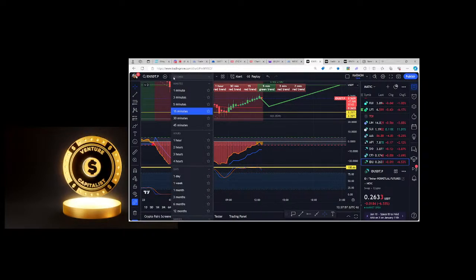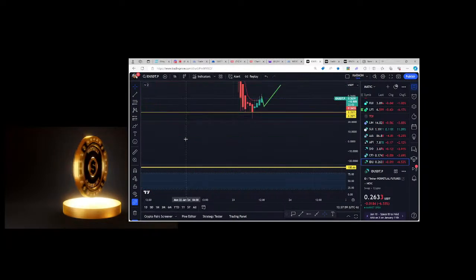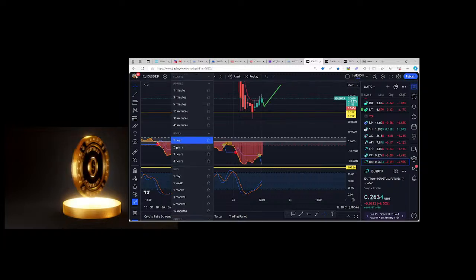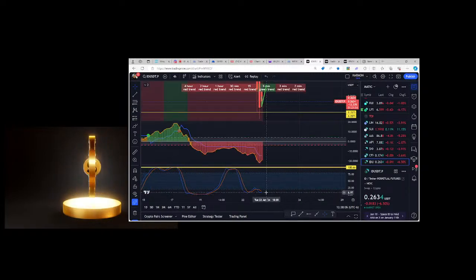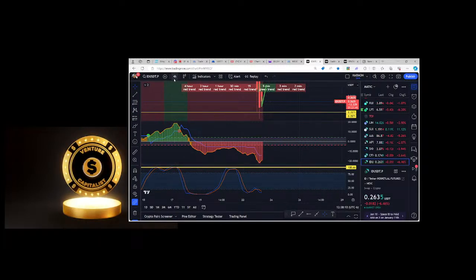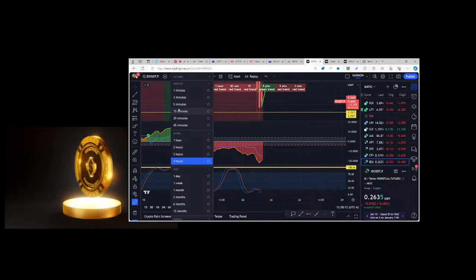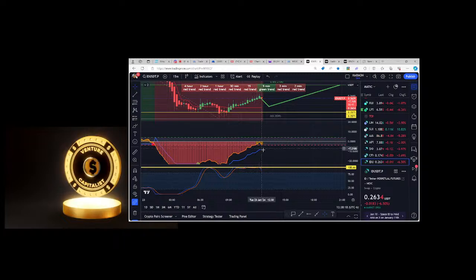To see how much the pullback is, we verify the 1 hour is in our direction, the 2 hour is in our direction, the 4 hour is not really in our direction, but the money line on the 4 hour is. So the pullback is going to be a decent pullback, but it's not going to tank on us. So we're in a good position where we can have this pullback come down.